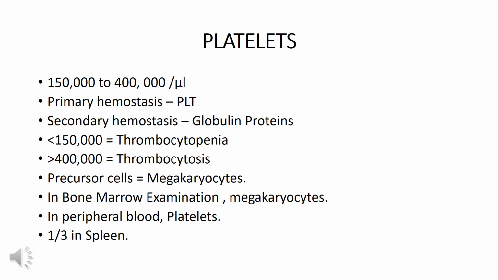Platelets are formed from the megakaryocytes. Megakaryocytes are the precursor or progenitor cells of the platelets. In bone marrow, you can observe only megakaryocytes. A megakaryocyte is a large cell.